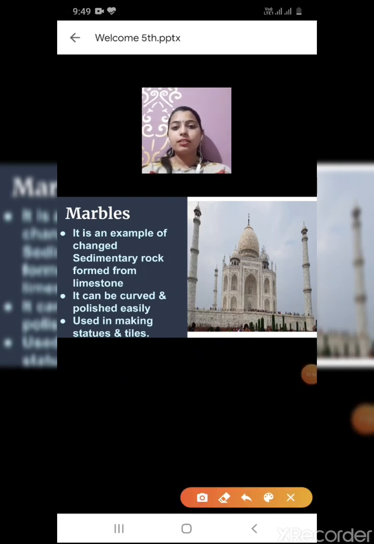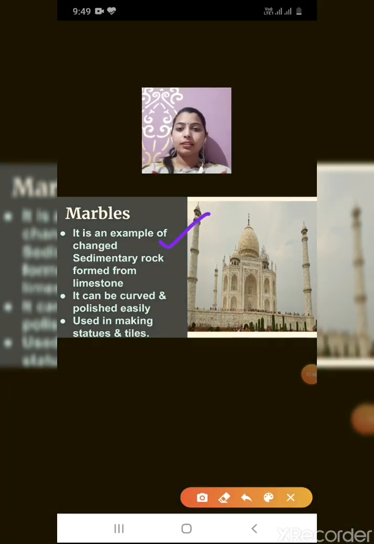First point, it is clear. Now second, it can be carved and polished easily. It is used in making statues and tiles.